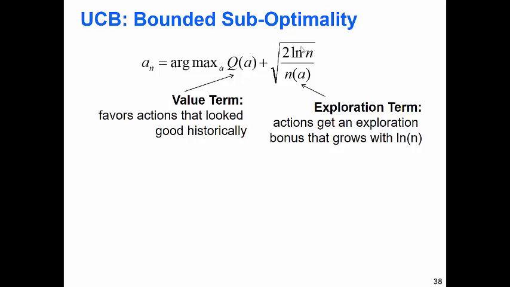Could you stop pulling an arm forever with this strategy? Yes, no? I've got no's. So why is it impossible to just stop pulling a particular arm forever?